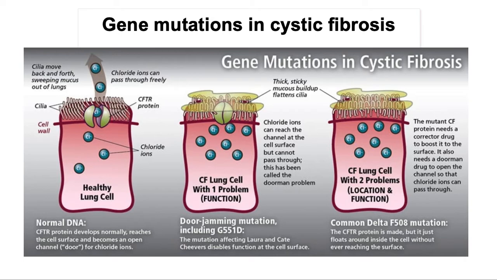They can be classified on the basis of the clinical course of cystic fibrosis, or of the nature of the underlying defect. Mechanistically, they may result in reduced quantity of functional CFTR that reaches the cell surface, or reduced function of CFTR that reaches the cell surface.